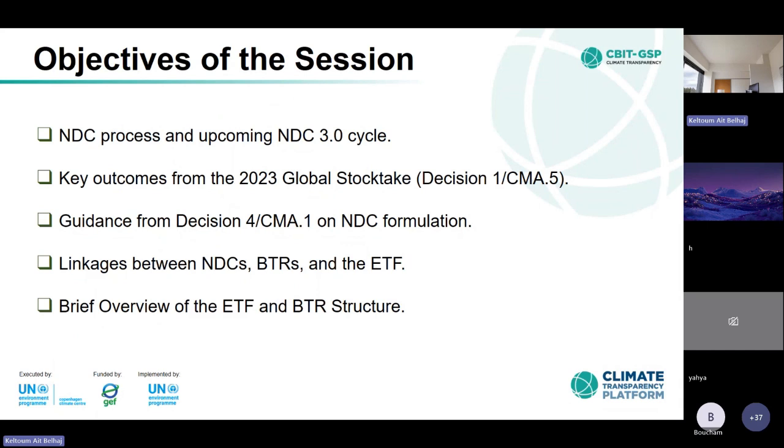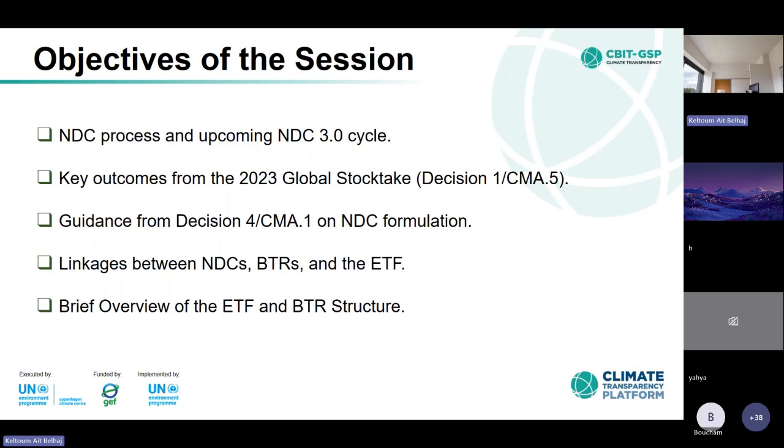So in this session, we'll look at four main objectives. First of all, to better understand the NDC process and the new cycle of NDC 3.0 due in 2025. Second, to review the outcomes of the global stocktake from COP28 and how they guide our next steps.